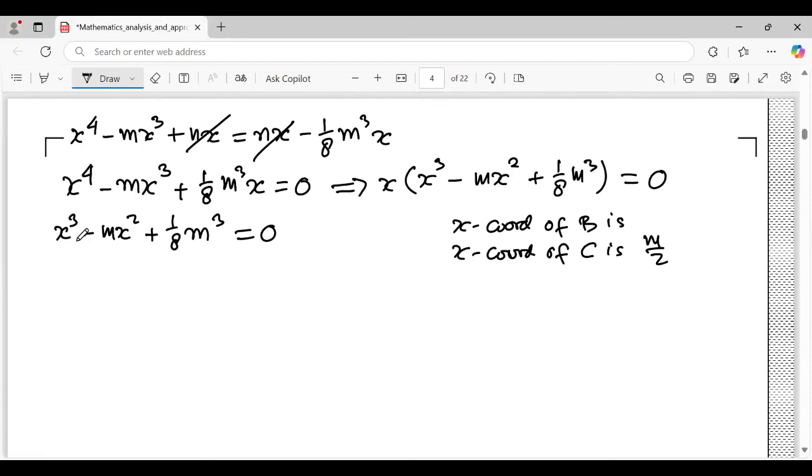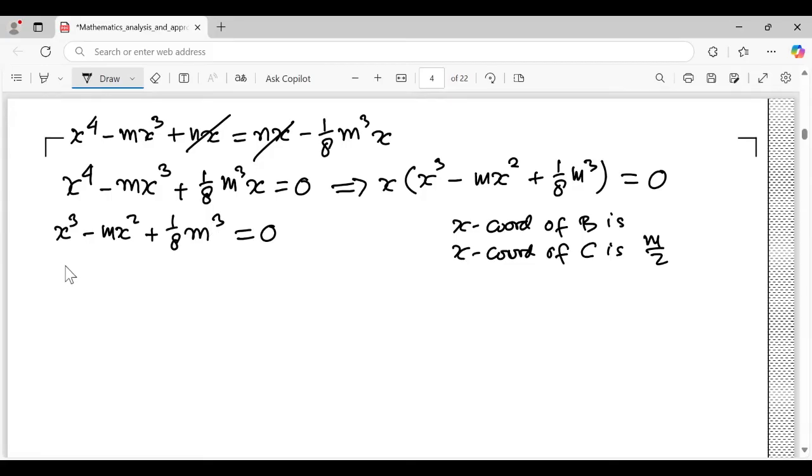In a cubic equation, same as quadratic equations, there are two rules about x1, x2, and x3. So I would like to apply that rule to this problem.